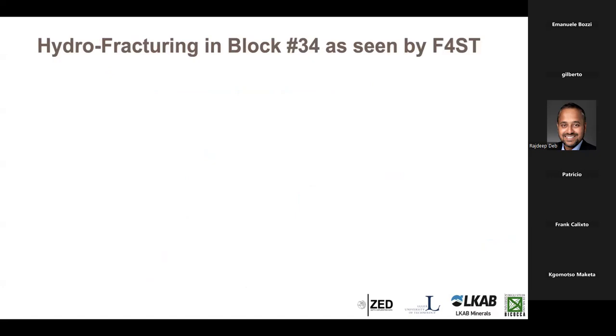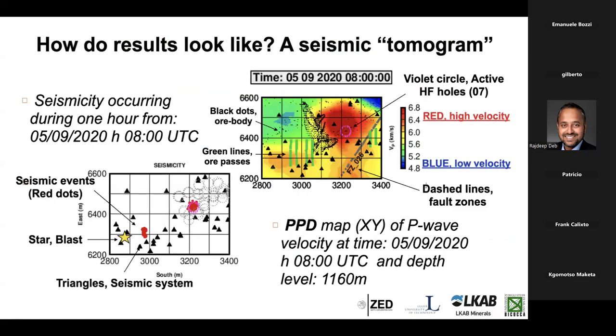Okay, let's see a bit about hydrofracturing in block 34 as seen by our algorithm. I just show you this slide to illustrate how I present the results of our tomography. The colored panel is the posterior probability distribution on an XY map of the P-wave velocity at a certain time. The colors represent the velocity: red is high velocity and blue is low velocity.